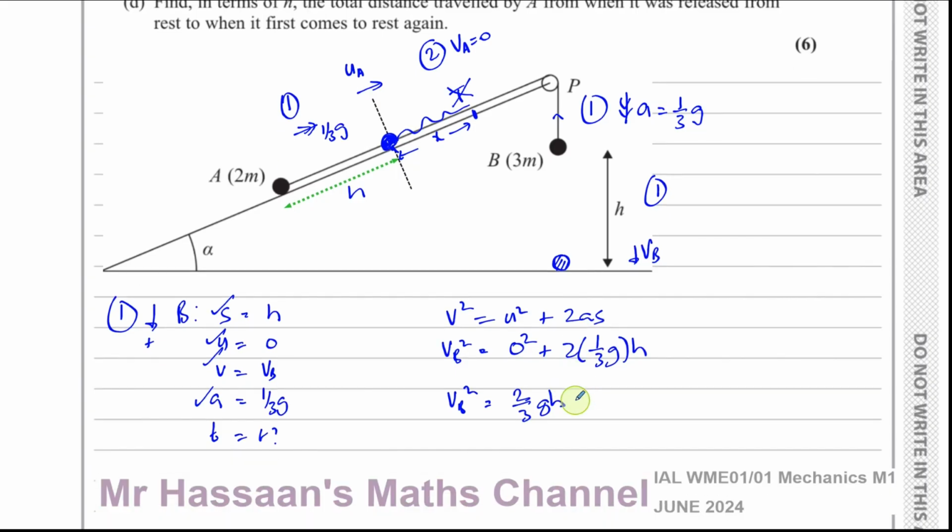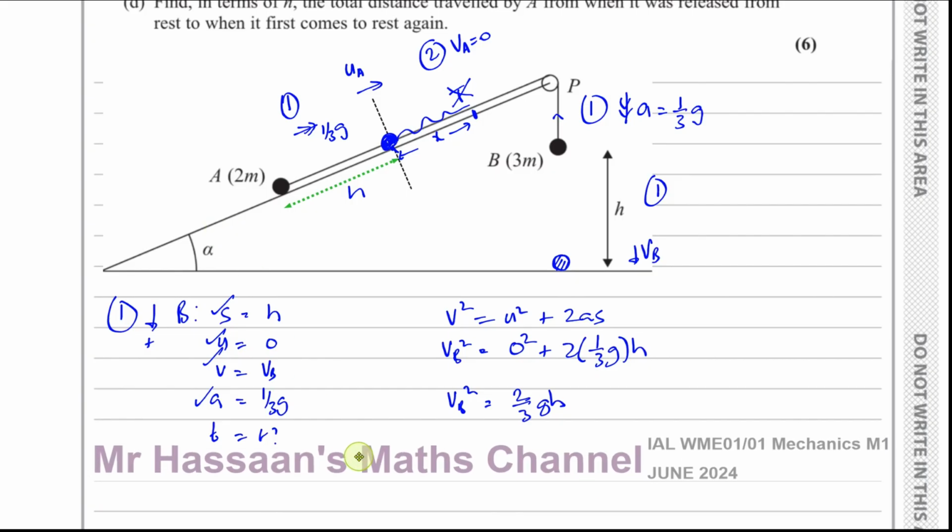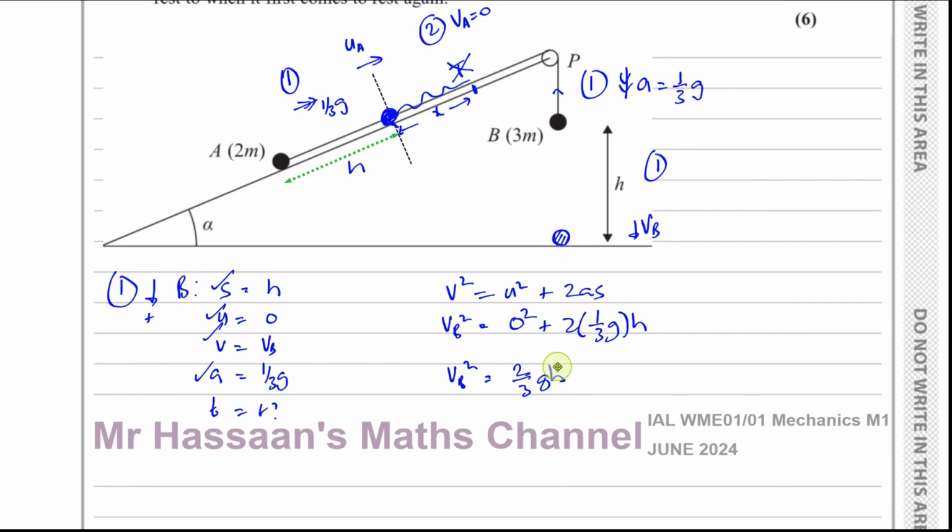Because we're going to use the same formula, V squared equals U squared plus 2AS, again for section 2, and that will be useful in this format. No point working out a decimal value with 9.8 times. Just leave it like this. That's always better. Now, for the second situation, we have a new situation.